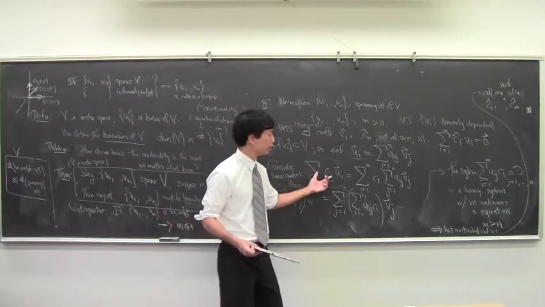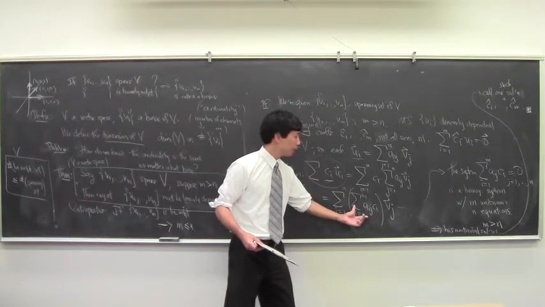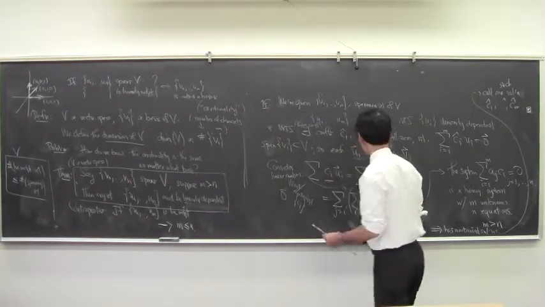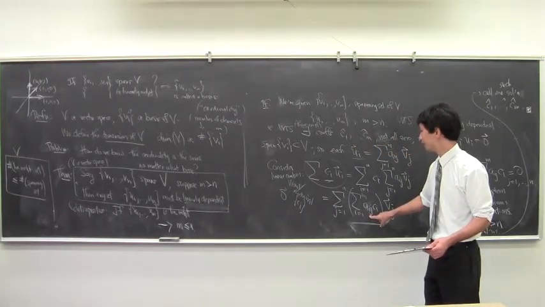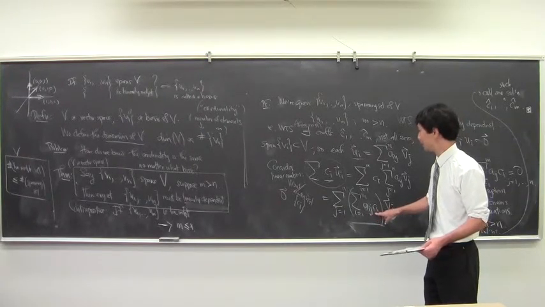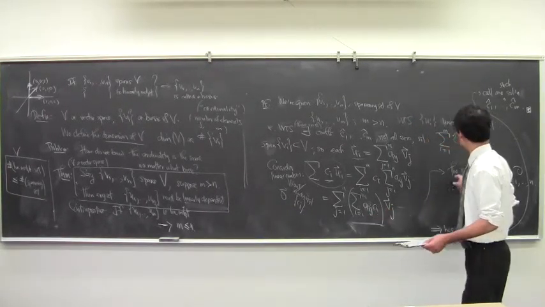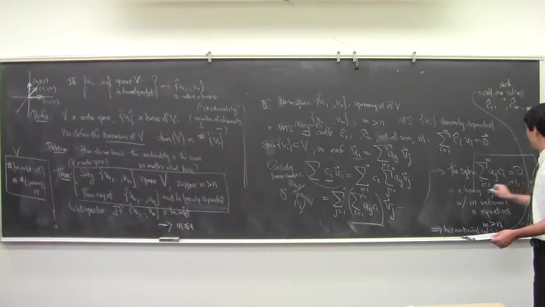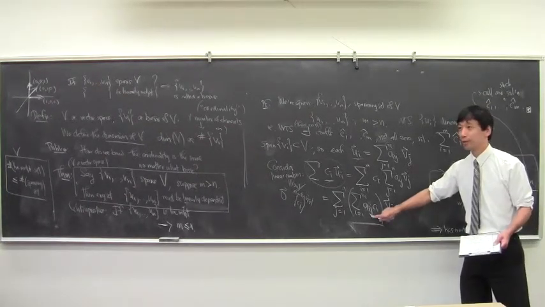So let's look at it. We can rewrite this, and then from here we say, let's make each of these coefficients 0. If we can make each of these 0 in a non-trivial way, then we get the zero vector. So let's make this into a problem. We need to make each of the coefficients here 0.